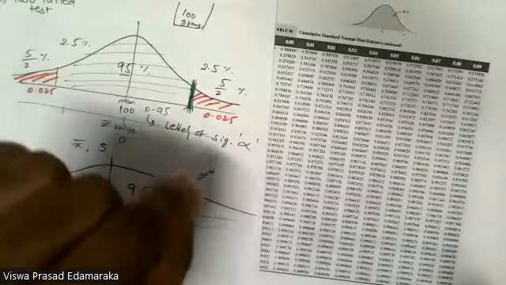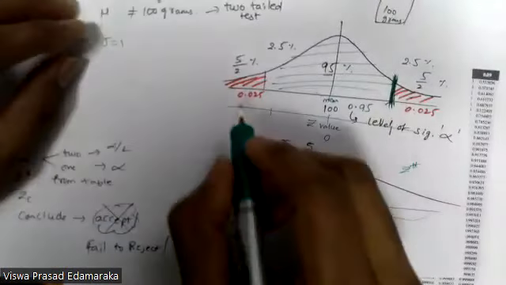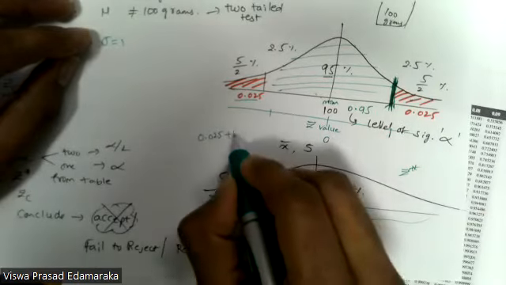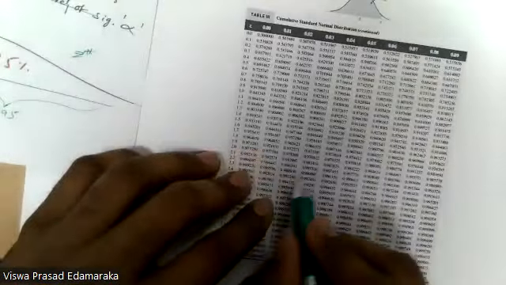You should remember this point very carefully. I need this point. How much confidence? 0.025 plus 0.95, in total, is 0.975. You should look for where 0.975 is in this table.